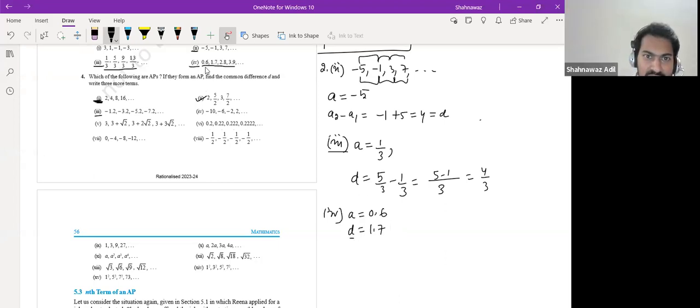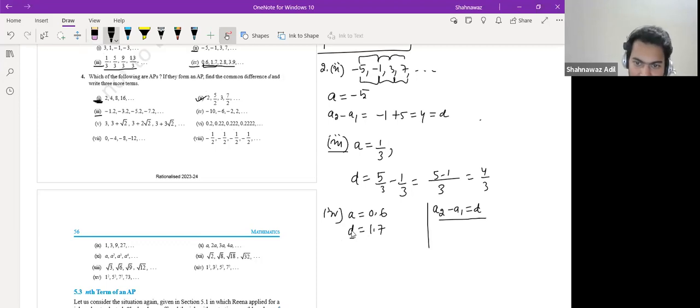So we have to calculate the common difference, right, Rizwan? That would be the difference of the subsequent terms, right? This is the D. So 1.7 and then what? We have to calculate the difference between the subsequent terms, A2 minus A1, or it will be A3 minus A2, whatever the subsequent terms are.